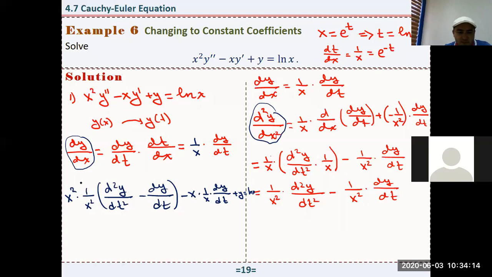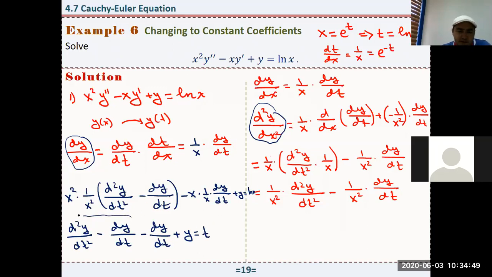So now this x squared, they cancel each other. What we have here is d squared y over dt squared minus dy/dt, x cancels, minus dy/dt, plus y, now y is a function of t. On the right hand side, we have natural logarithm of x, which is equal to t.